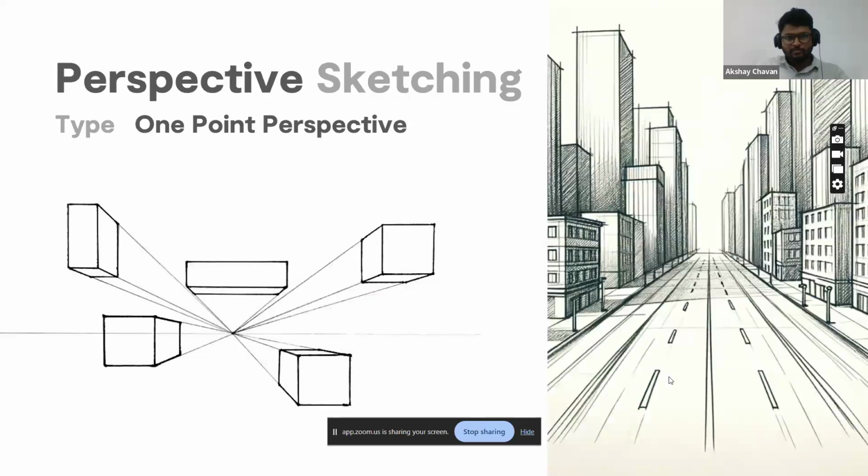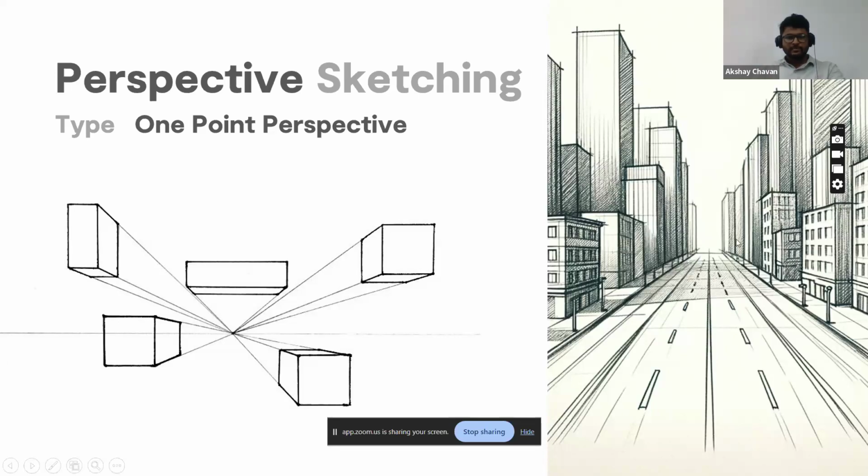There are three types of perspective sketching. One is one-point perspective, which we usually observe when we are looking at something from the front, standing at the center, like viewing the center of the road or the railway station.